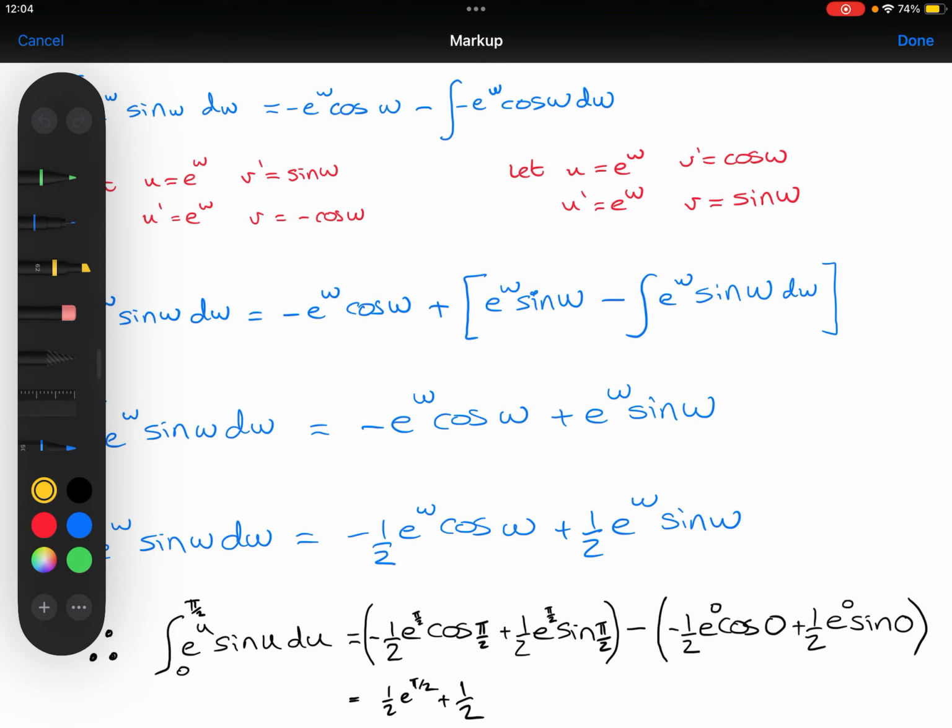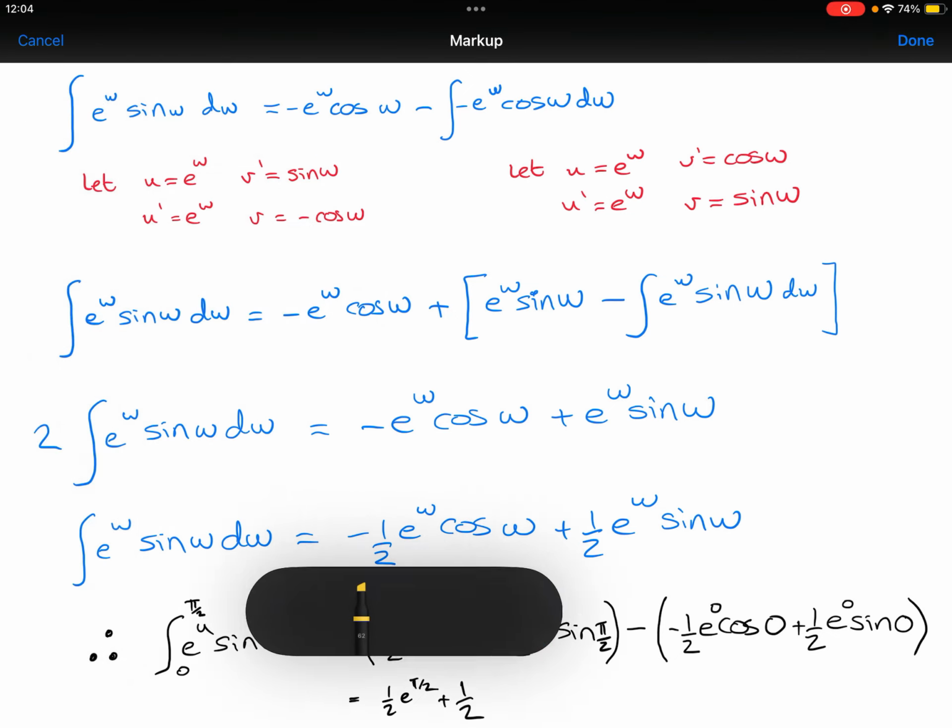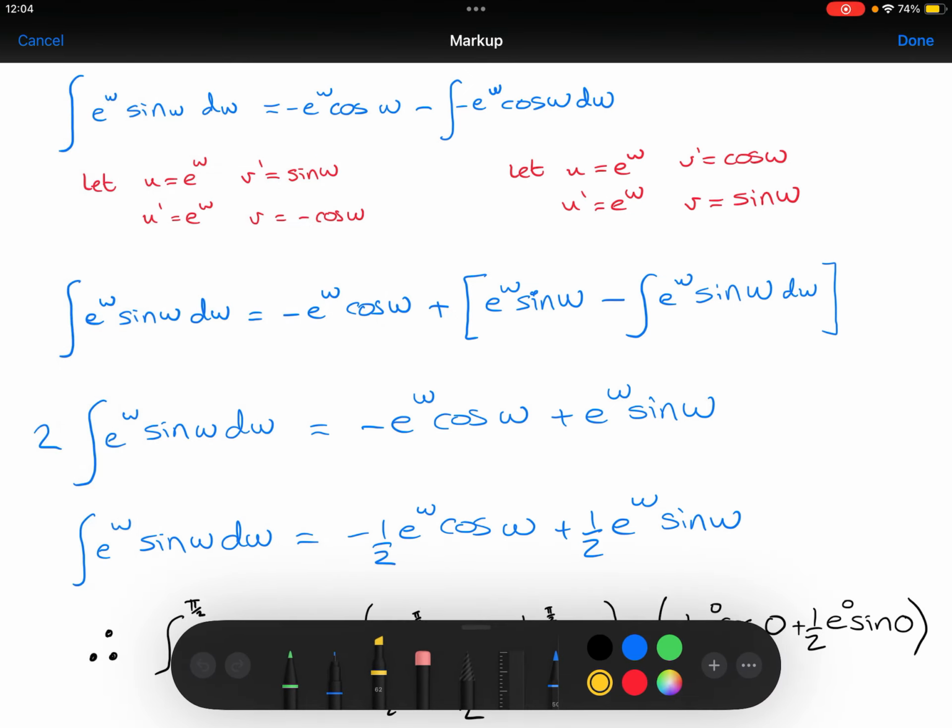First thing to notice, I have swapped the u to be a w here. The only reason I've changed that to be a different letter is because when I do integration by parts, I know I always have a u and a v dash. And I don't want to get confused between the u that was in my original question.